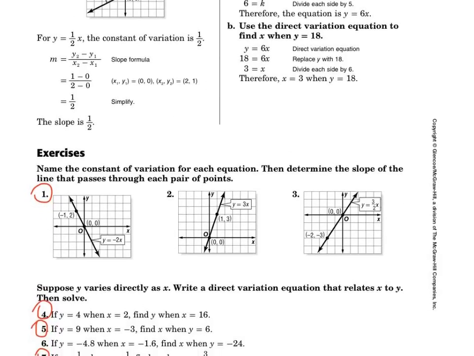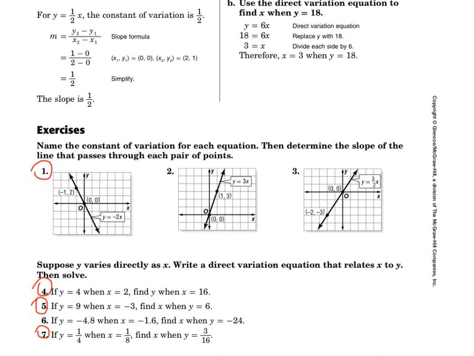Okay? Here we go. Some independent practice for you. Name the constant of variation for each equation. So that's referring to the equation that's given. Then determine the slope of the line that passes through each pair of points. In order to do that, you're going to use your slope formula.